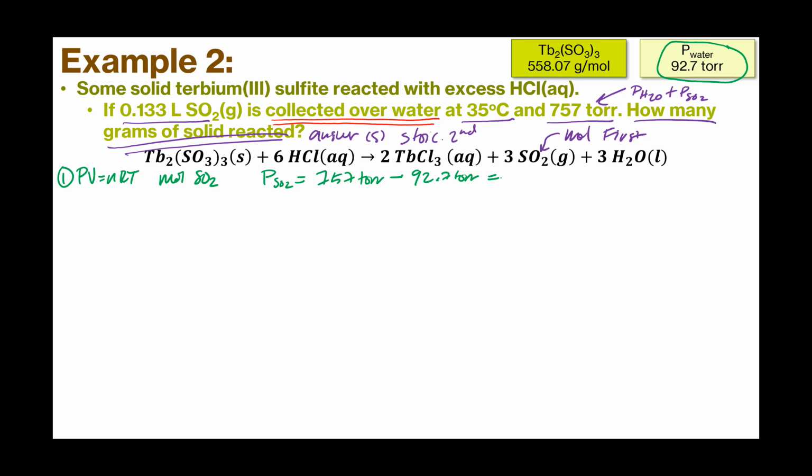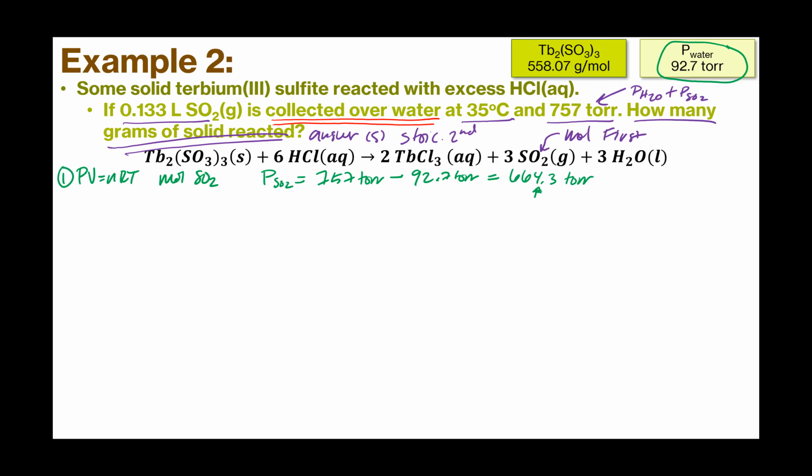So the pressure that we have here is 664.3 torr. This is the partial pressure of SO2 that we need to be calculating with. This has 3 significant figures.